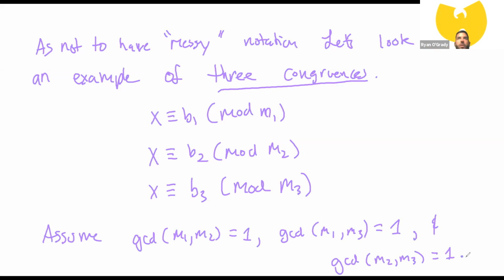Now, this assumption is going to be important because this assumption tells us that an inverse exists, and it also then tells us that we get a solution for one congruence. And so what we're going to do is build our solution using some sort of creative reasoning.